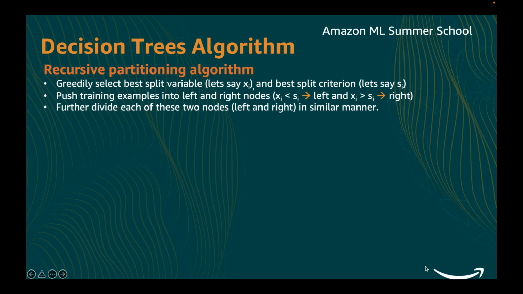If for a particular training example the value of the attribute x1 is less than the value of s1, then it goes to the left, otherwise it goes into the right node, right? So now what we've done is we've taken our population and split it into two parts. Then for each of those parts, we do the same thing with the remaining attributes. And that way we continuously and recursively build our tree. So it's a greedy divide and conquer algorithm.